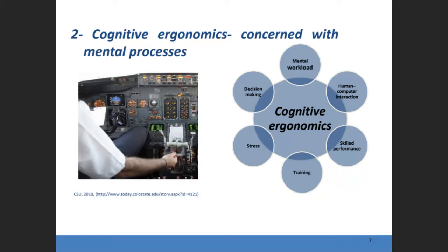Sometimes it's just clicking buttons here and there and entering some inputs on the keyboard and so on. As we said, decision making is one of the things. The mental workload: if you are working in a place where it needs mental thinking, like if you are a lawyer, let's say, it needs a lot of thinking when you are preparing to go to court, what you are going to say, how you answer questions.